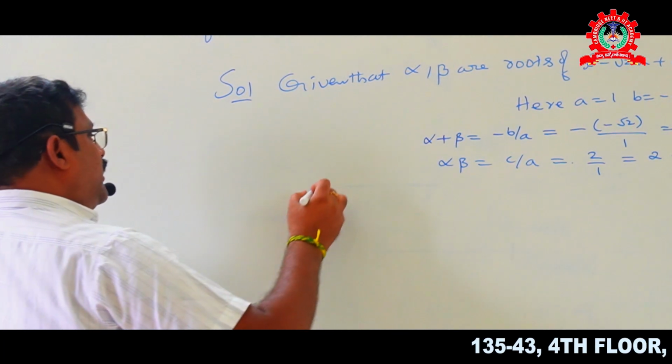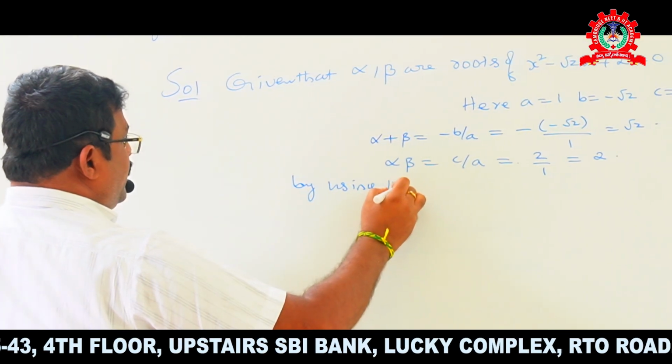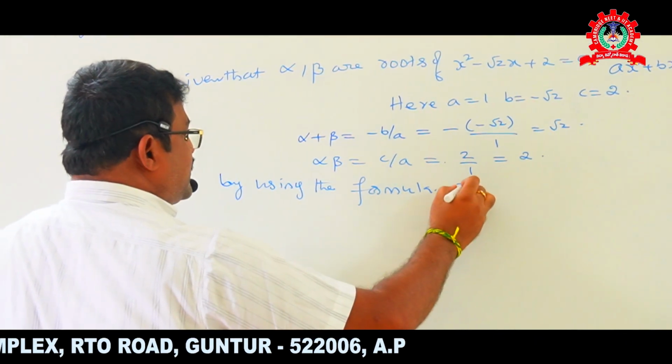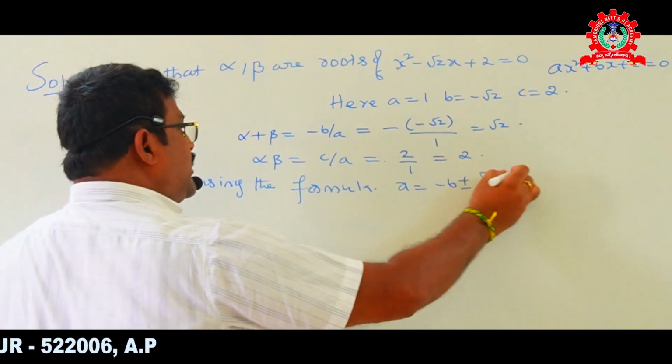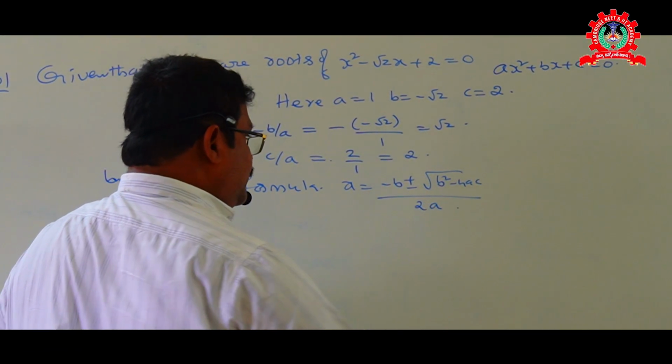By using the formula x is equal to minus b plus or minus root of b square minus 4ac by 2a.